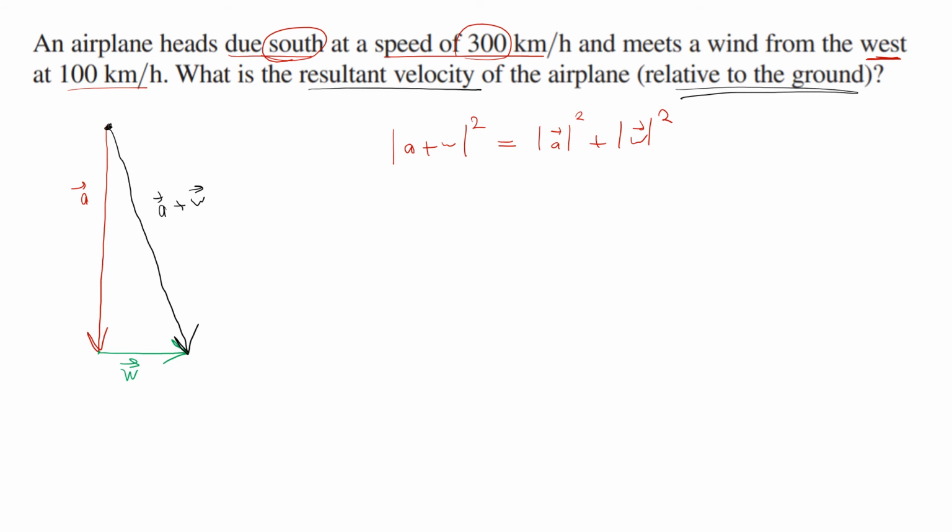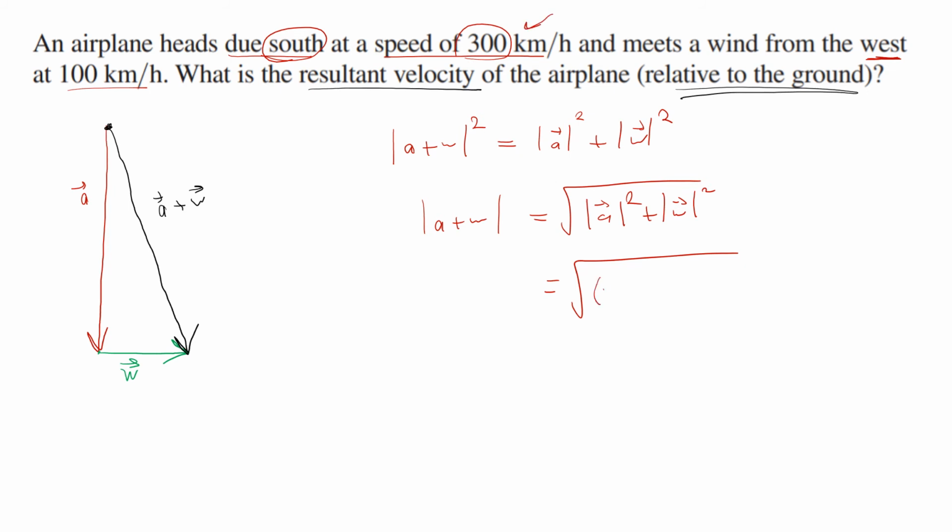I can take the root of each side to get a value. A plus W, my resultant velocity, will equal the root of the magnitude of A squared plus the magnitude of the wind squared. I know the magnitude of A, which is 300 kilometers per hour, given to me.